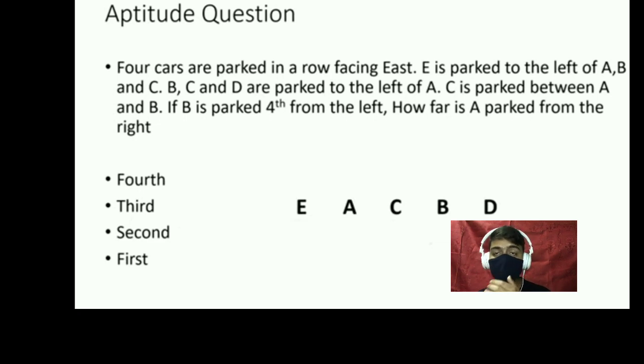After decoding the given statements, the position of the cars is E, A, C, B, D. From the right, A is parked first, second, third, fourth. So the answer is fourth.